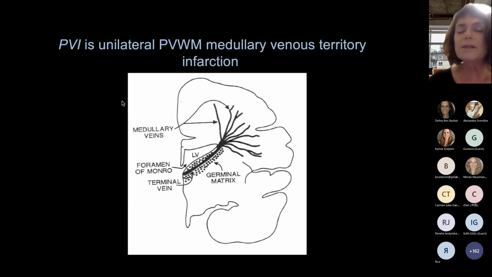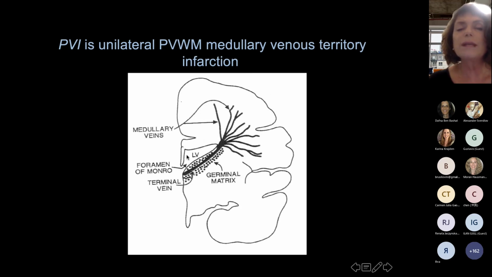Now, we all know this concept. Twenty years ago I was very fortunate to work with George Taylor in Boston, on the concept that a subependymal hemorrhage compresses the vein that contains all the blood coming from the medullary veins.